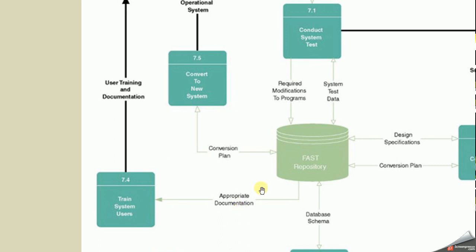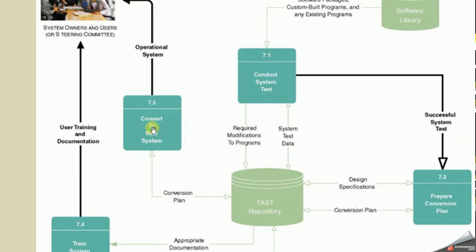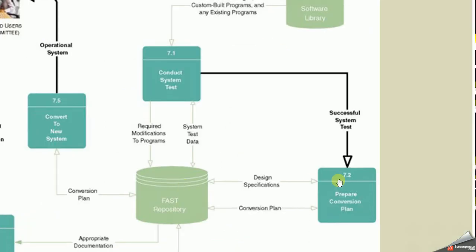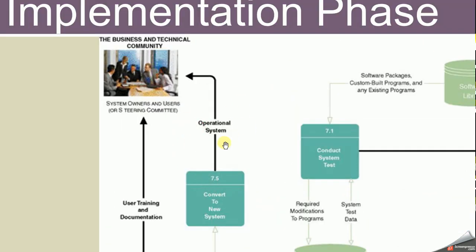We need to use the training manuals that we have developed in the previous phase, and we'll train the users. And in this phase, convert to the new system, we carry out the conversion plan that we prepared in 7.2. We will convert to the new system and now we will have an operational system which is used by the people on a daily basis, right?